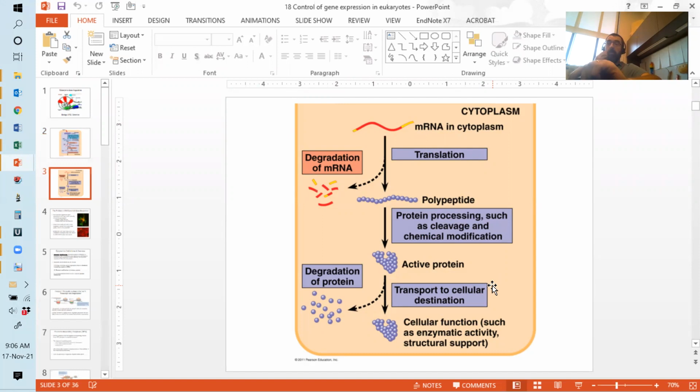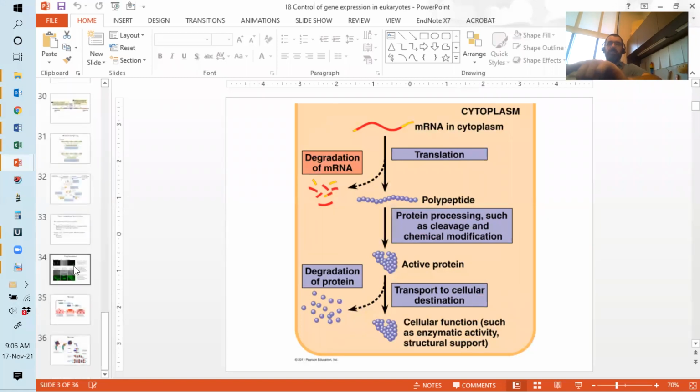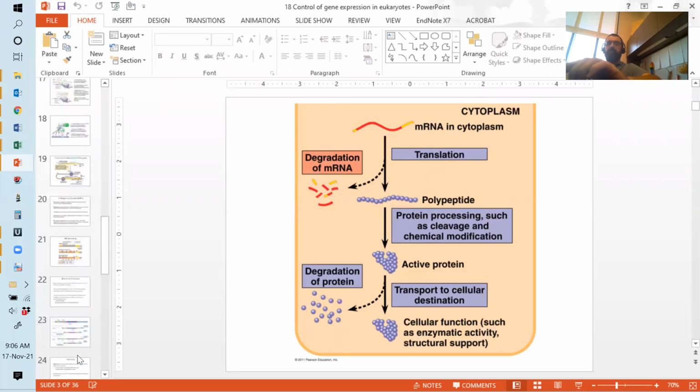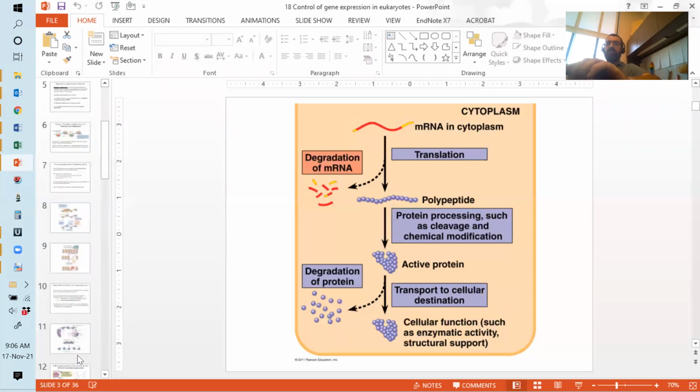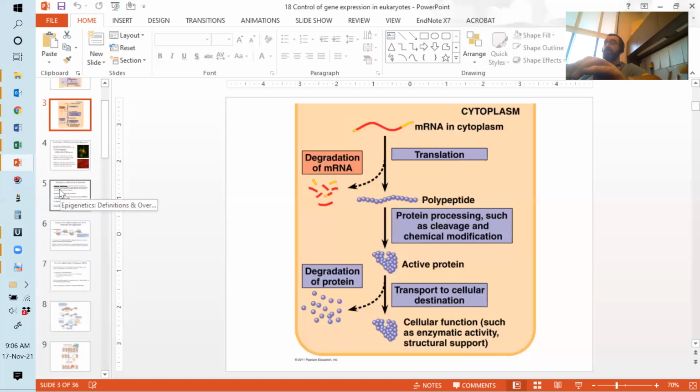I'll be going through those in order. So we're going to start with DNA, and then we're going to end up with protein post-translational modifications, and that's going to be all the way down here. As you can see, there's a fair bit of stuff to cover.